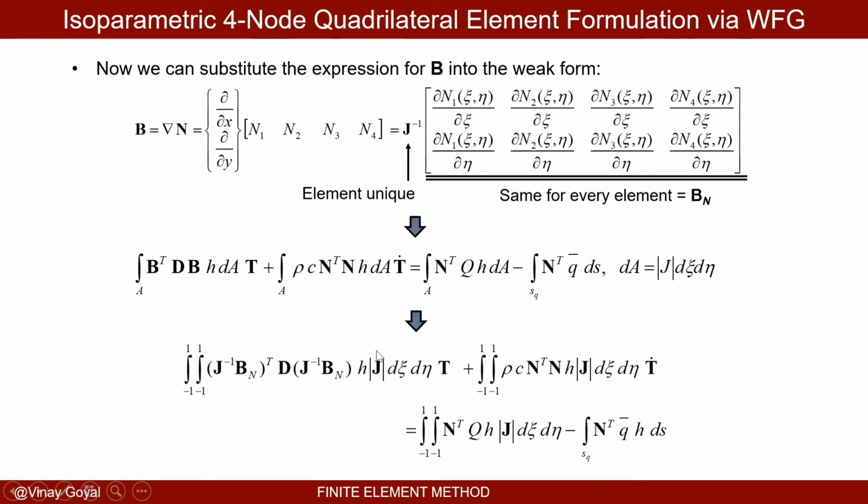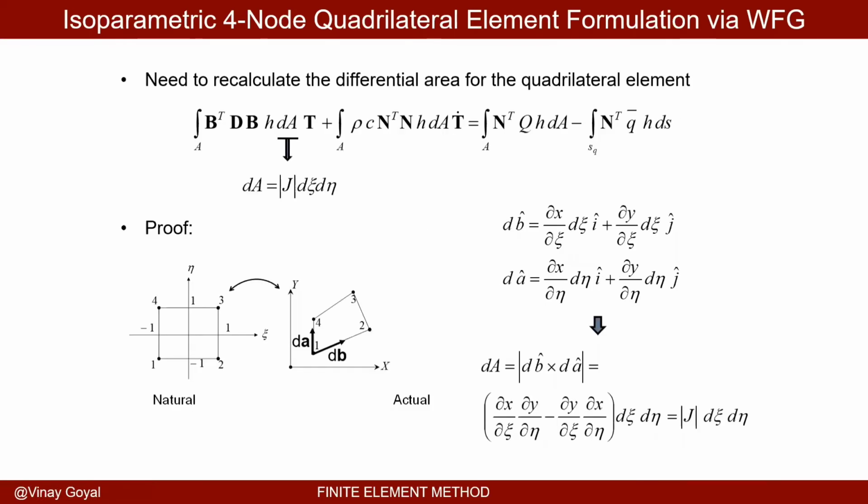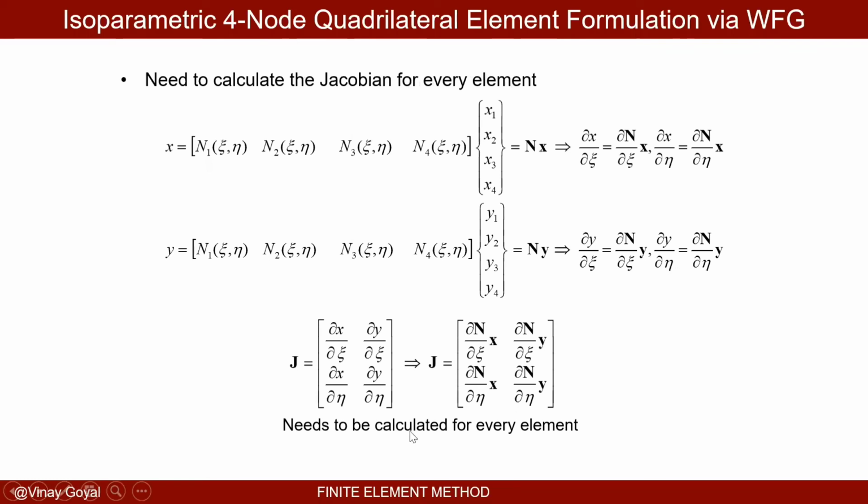Anything that has dA becomes this right here. And again, J bold is the Jacobian, which can be easily calculated because we know the coordinates X and Y for those nodes. And I know the shape functions N1, N2, N3, and N4. So I can calculate these derivatives very, very easily.